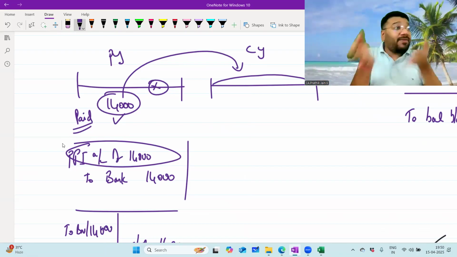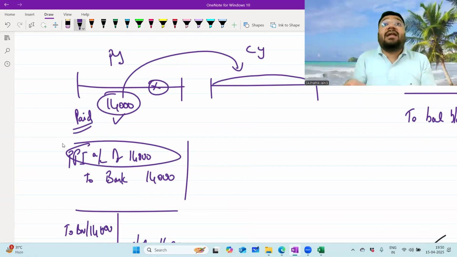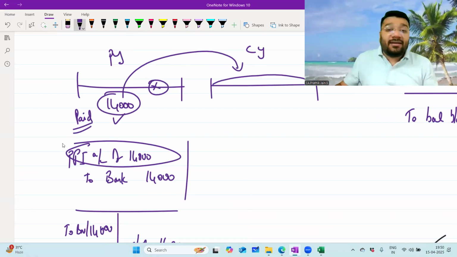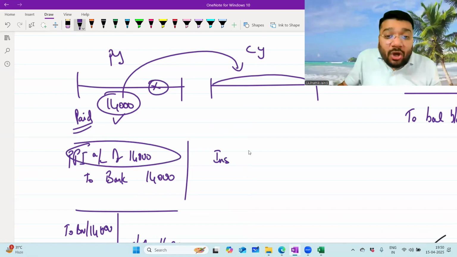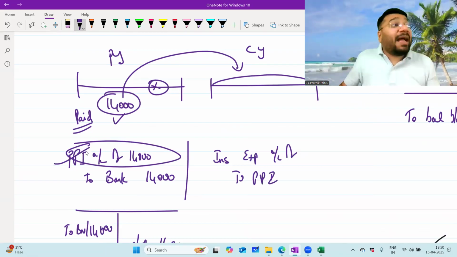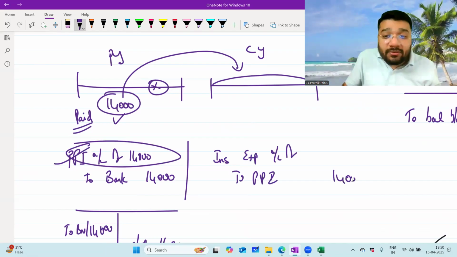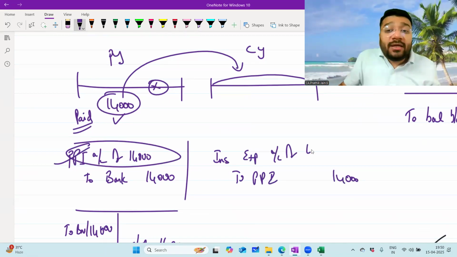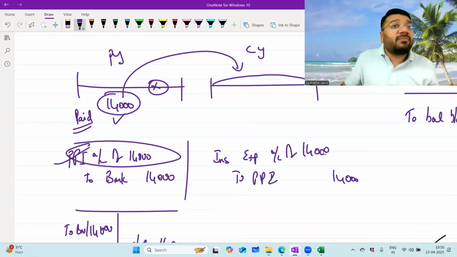Money paid last year, service received current year. Service received current year means record expense in current year. So what is the entry? Insurance expense account debit to prepaid. So prepaid what you have created by debiting, we're cancelling the debit by giving a credit. So to prepaid insurance 14,000 and this is transferred to your insurance expense account 14,000 which is going to your P&L further.